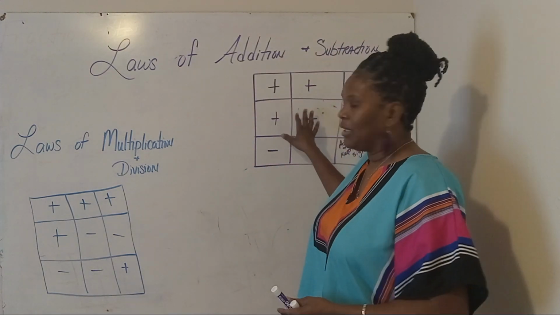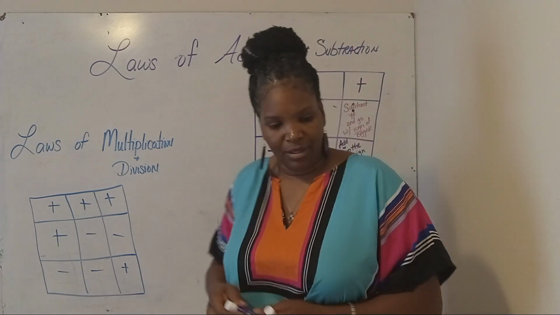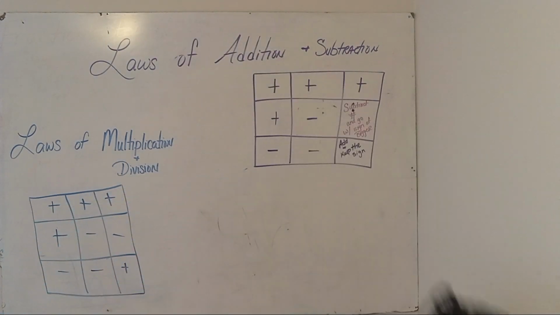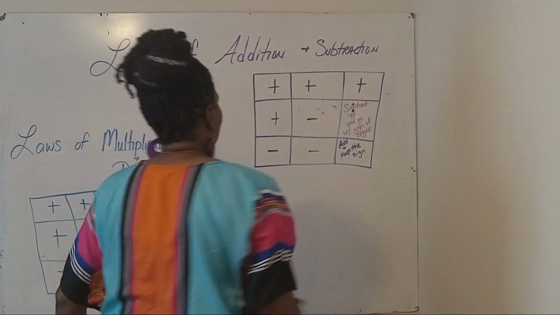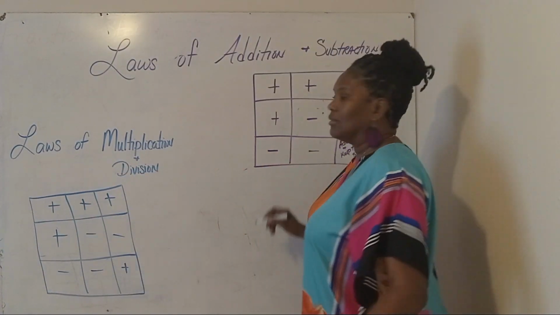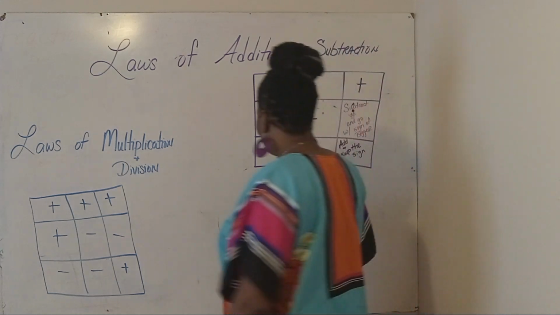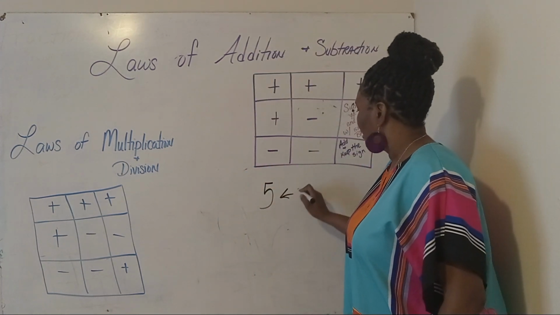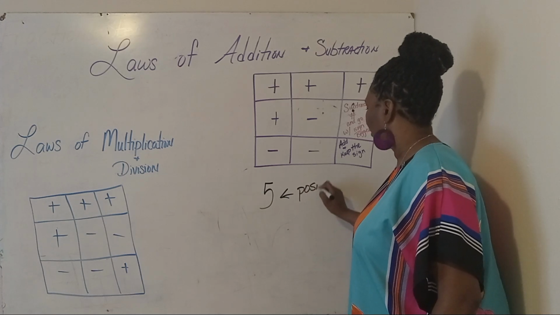So let me just show you what I'm talking about with the first one. Let me say this. If you see a number that's just standing alone, this is a positive number.